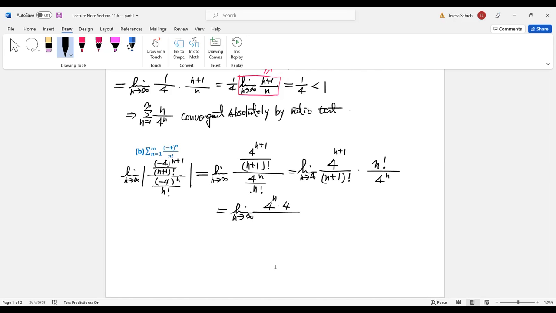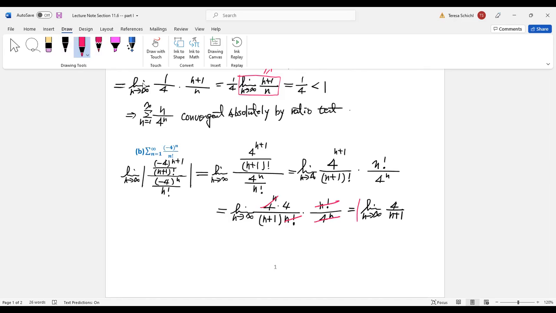Then (n plus 1) factorial, I can simplify as n plus 1 times n factorial. Now we can cancel a lot of things: 4 to the n cancels, n factorial cancels out. So I have the limit as n approaches infinity of 4 over n plus 1.